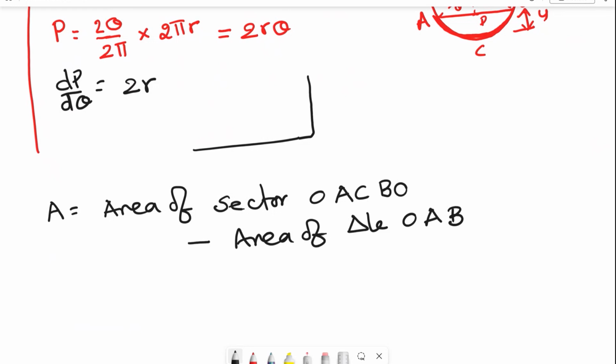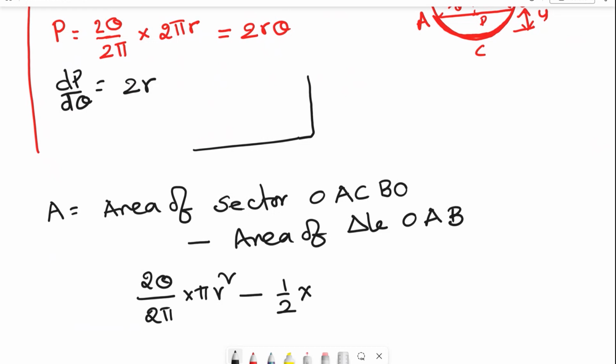Actually, it is as simple as this: we can write straight away the sector area is equal to 2 theta by 2 pi into pi r square minus area of triangle. Triangle is what?